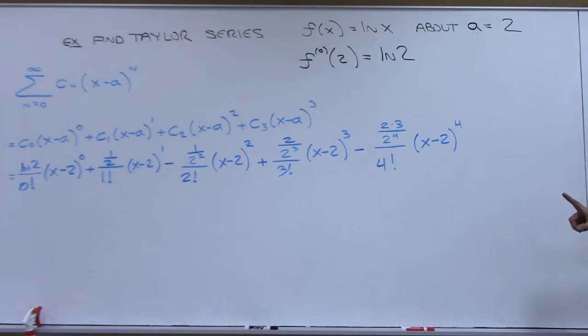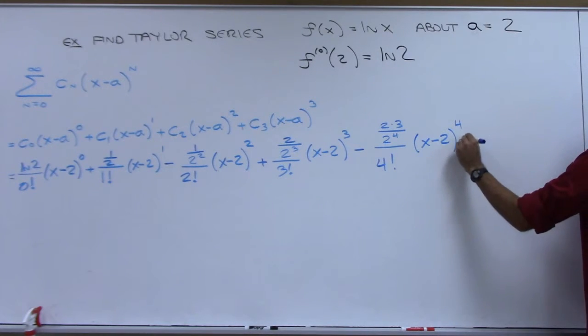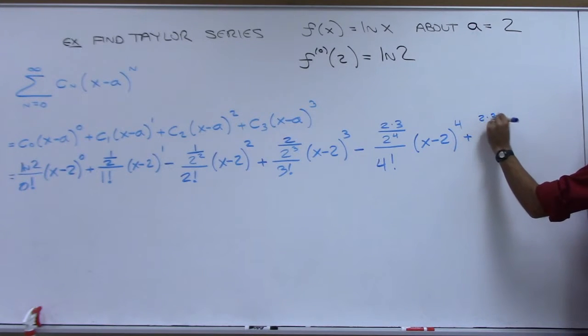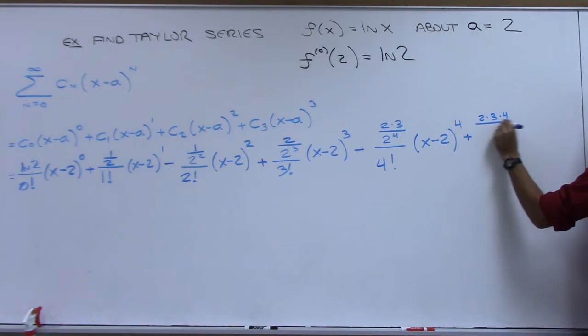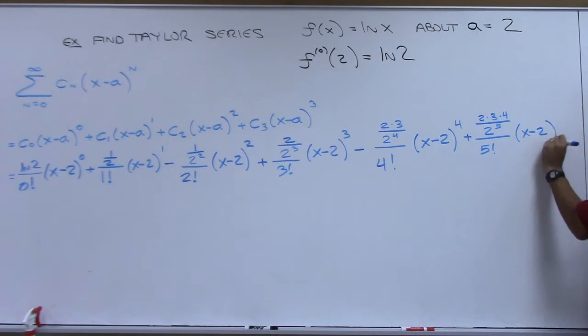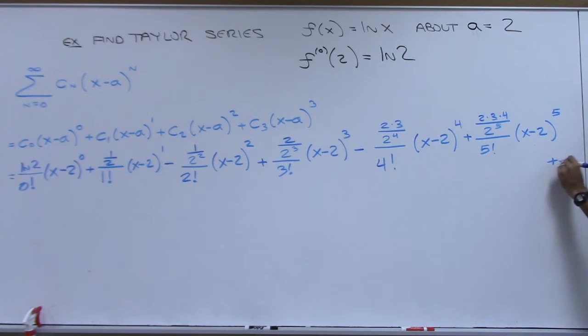One more. Plus, because the next one would have been positive, right? 2 times 3 times 4 over 2 to the 5th over 5 factorial x minus 2 to the 5th plus dot, dot, dot.